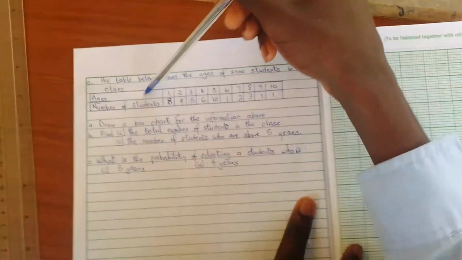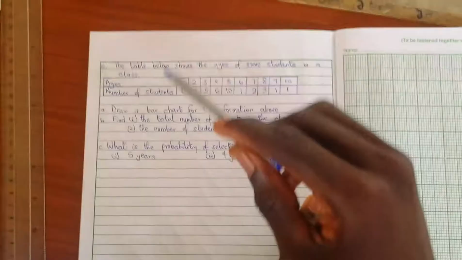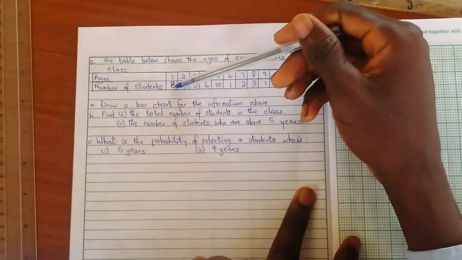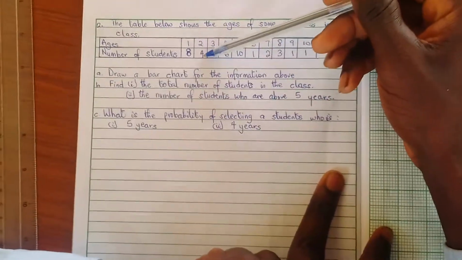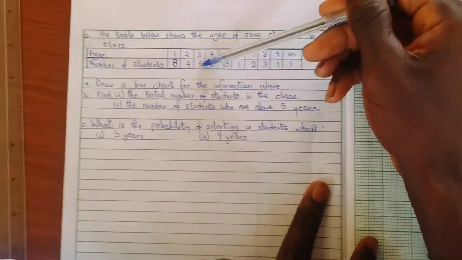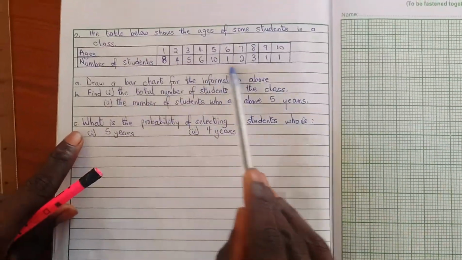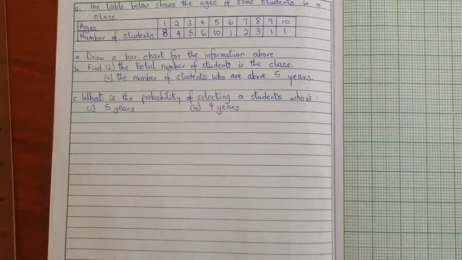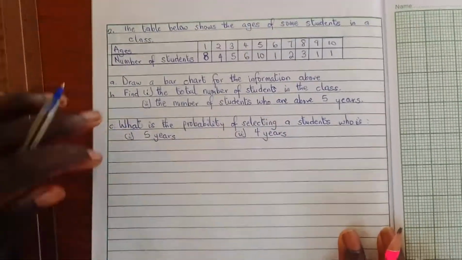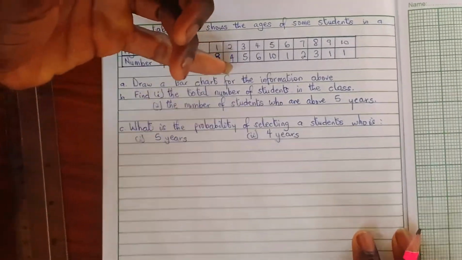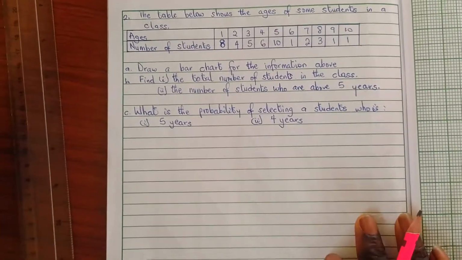Then we have number of students. So the number of students that are 1 year is 8. 2 years, they are 4. 3 years are 5. And so this is the frequency. Now, if you look at the questions here, we have to draw a bar chart for the information.